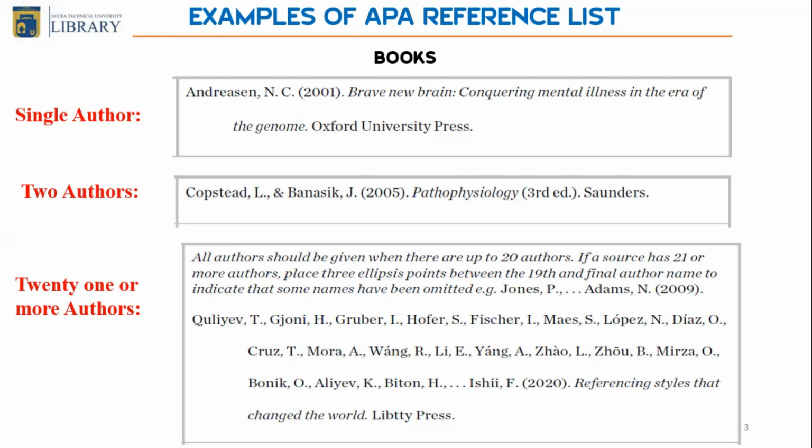So when we have 21 or more, that is how it is presented. You place this ellipsis between the 19th and the final author. And this is how we see. So this is the 19th and this is the final author. And this ellipsis that you see over here means that some names have been what? Omitted. And this is the 7th edition style of the American Psychological Association.